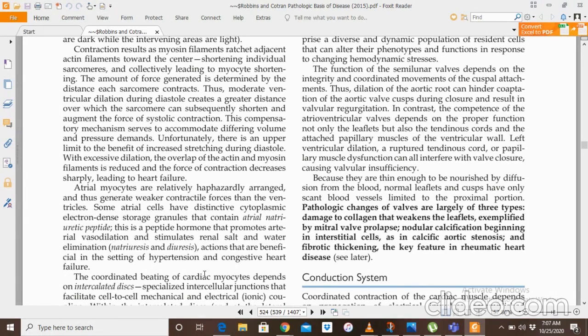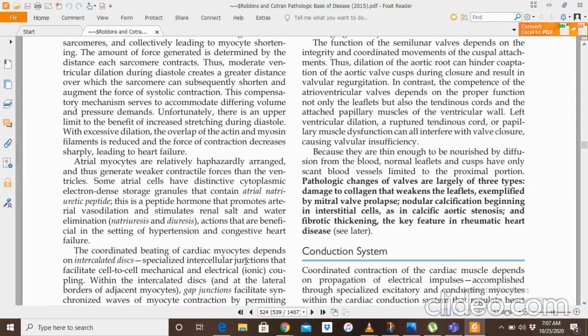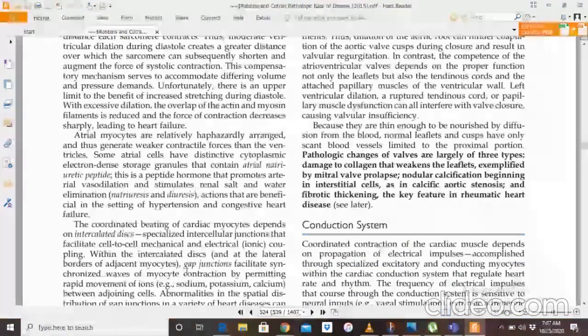Okay, the coordinated beating of cardiac myocytes depends on intercalated discs. What are intercalated discs? These are specialized intercellular junctions through which one cardiac myocyte is connected to another myocyte, and they facilitate cell-to-cell mechanical and electrical ionic coupling.